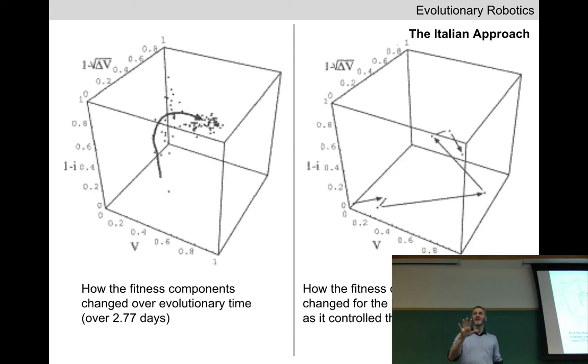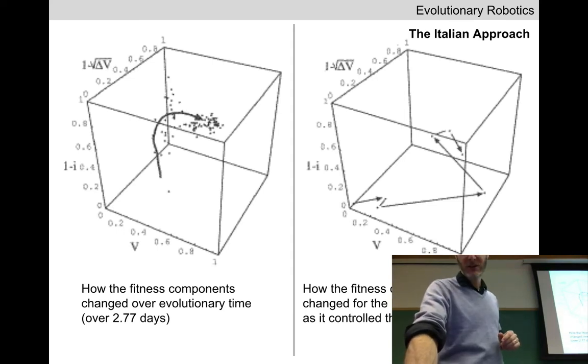This is not the fitness landscape. This is fitness space, right? This is how it's improving these three terms or trading them off as it goes. Usually our fitness function has more than 3 terms, so we usually can't make this picture because the picture would be in more than 3 dimensions. But again, for this simple experiment, it's nice to have all these different views onto exactly what evolution was doing in this simple case.